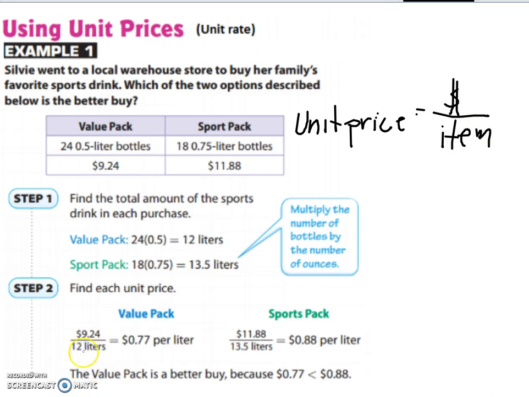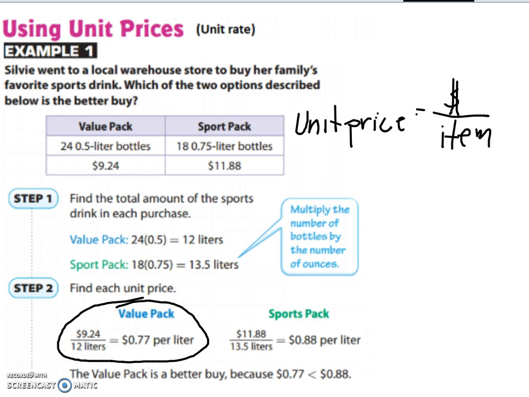So for this particular unit price, the $9.24 divided by 12 is 77 cents. This unit price is $11.88 divided by 13.5. So you're trying to figure out what is the better deal. Well, I would rather pay 77 cents per liter than 88 cents per liter. So this is the better buy.